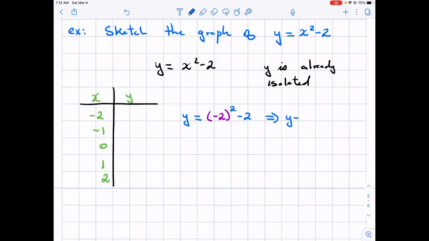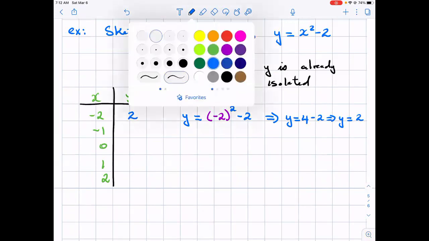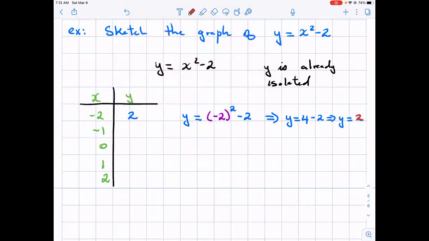So y is equal to 4 minus 2, so y is equal to 2. So for minus 2, we have 2. Generally we write this in red, so we see that's the value we found.